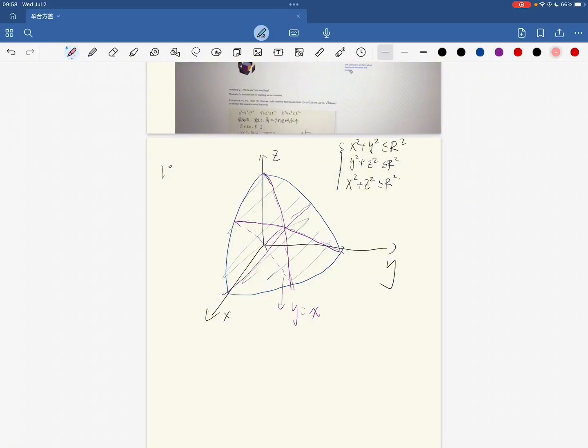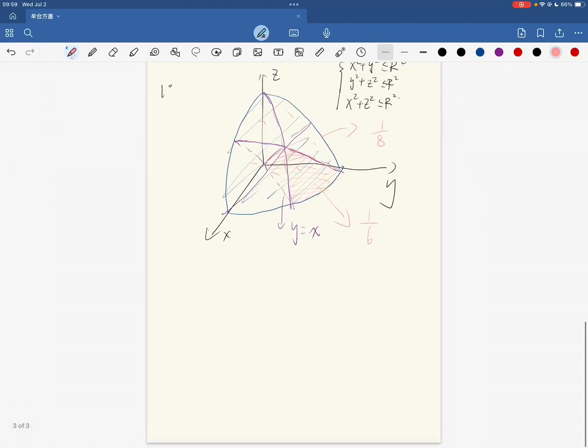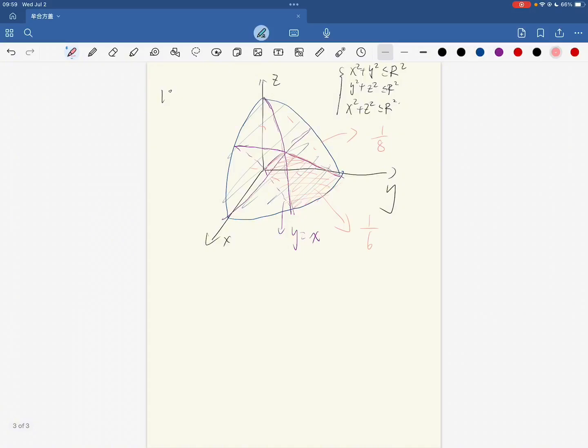Now, let's look at it. This part is 1, 2, 3, 4, 5, 6, the 1/6 of it, so this is 1/48 times the whole volume.